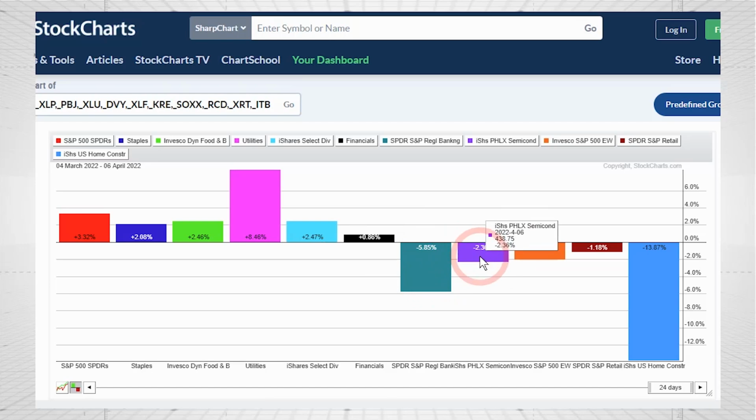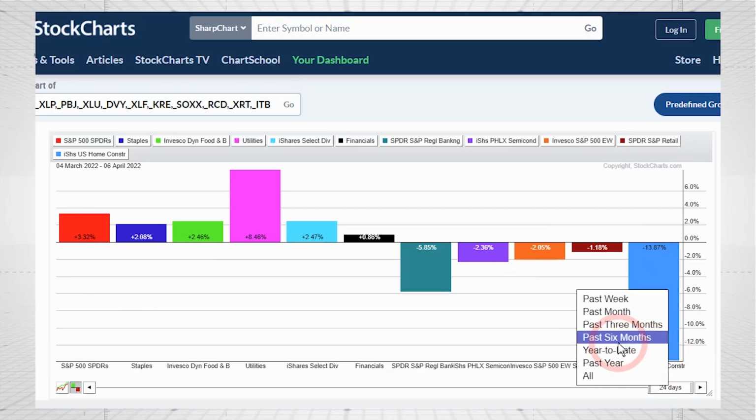Then we hit the semiconductors down 2.3% the past month. We get to the Invesco Equal Weight Consumer Discretionary ETF down 2%, retail down 1%, and housing down 14%. So this group of laggards here is quite a concern over the past month. And you can see SPY is up 3.3%, and yet they're down.